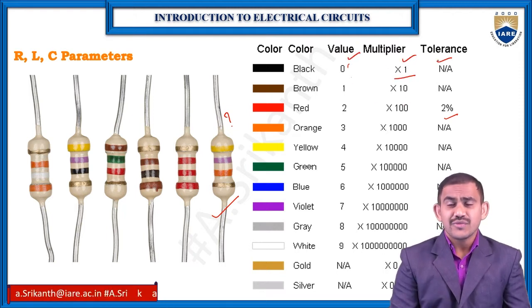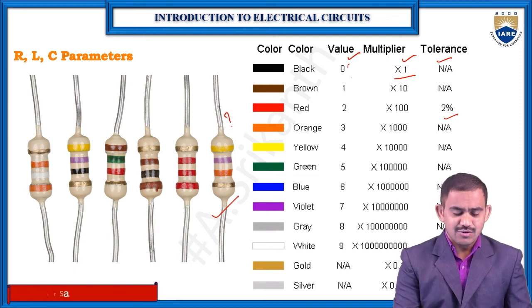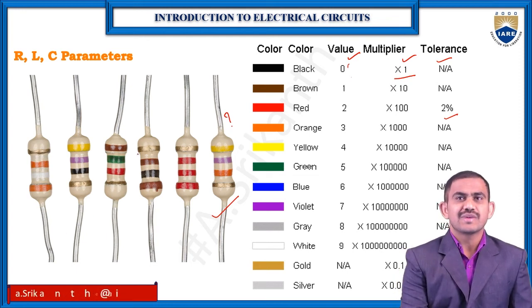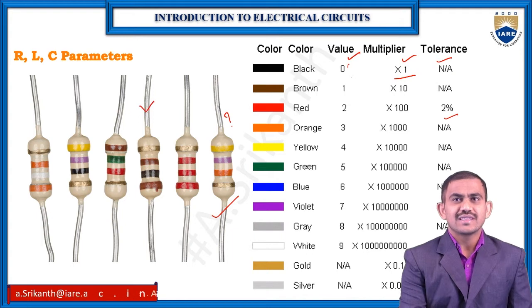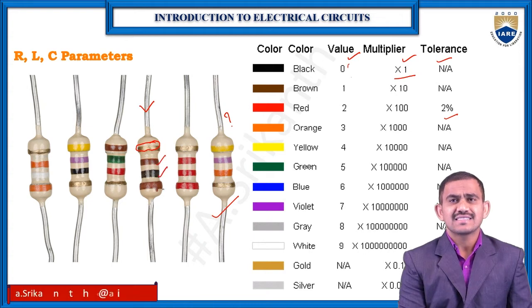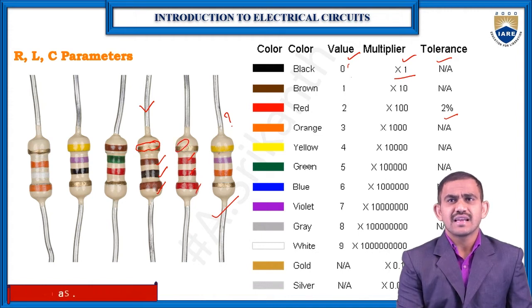If you observe the resistor color coding here, this is my resistor. For this resistor, I have some gold color, and here brown, black, and brown. Here red and gold color, and here yellow, violet, orange, and gold color.